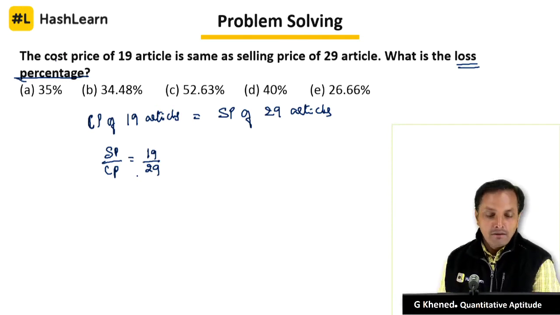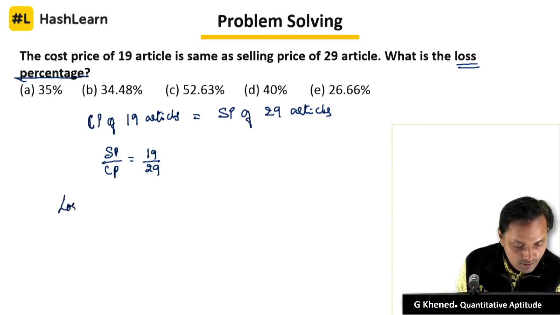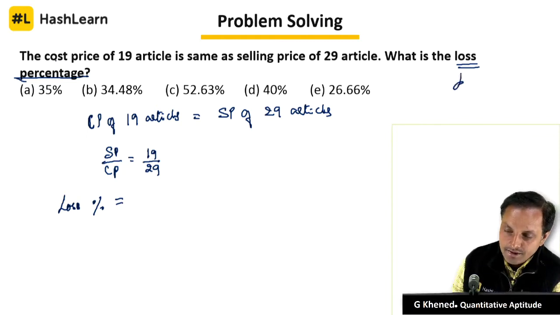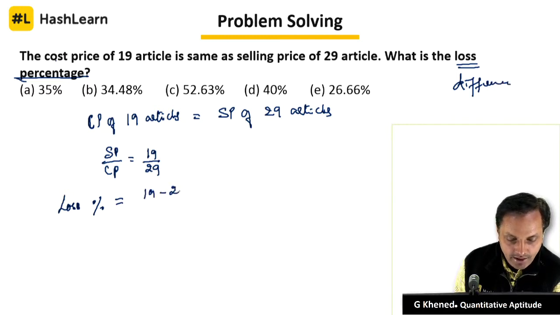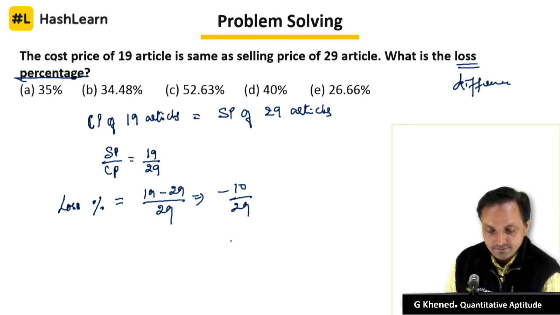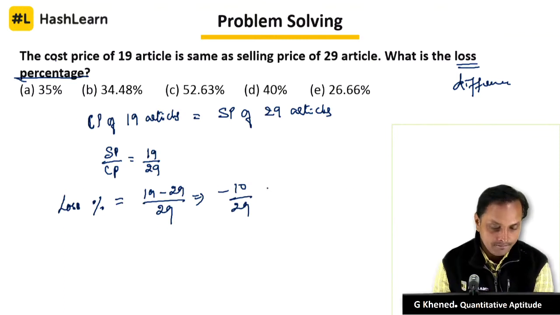So how will you identify the loss? You know that loss percentage will be equal to 19 minus 29 divided by 29. The negative sign just represents that it is a loss. What is 10 divided by 29 into 100?